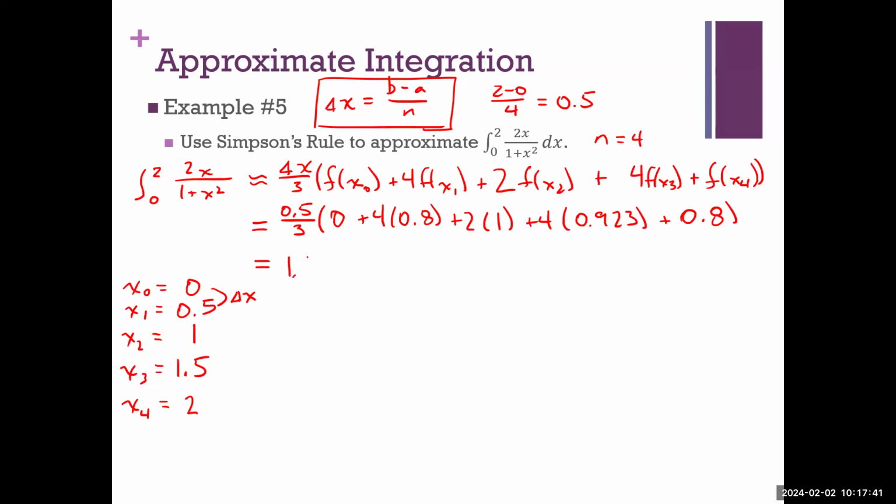I'm getting 1.615-ish, unless I did it wrong and someone gets something different. But that feels in line with the other things we've gotten. Okay, so any questions about the way we built this, the way it works?